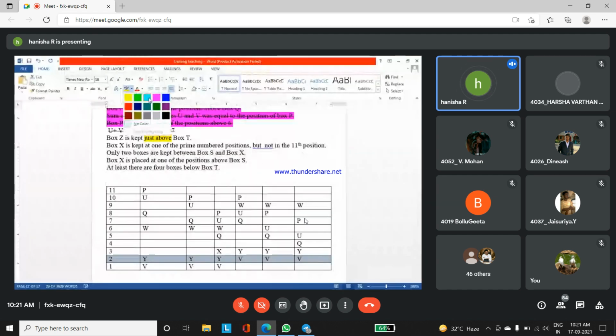Okay, so X, you should leave two positions and then you can put Y. When you consider that, I would even mark Y, but we don't have space for it.